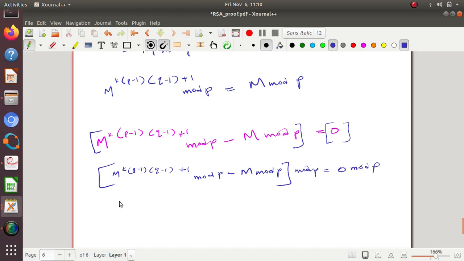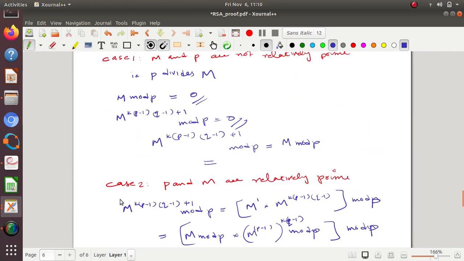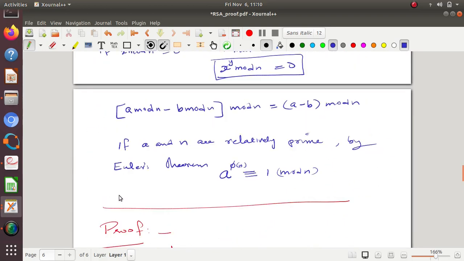So we have a previous result: a mod n minus b mod n is equal to (a minus b) mod n.